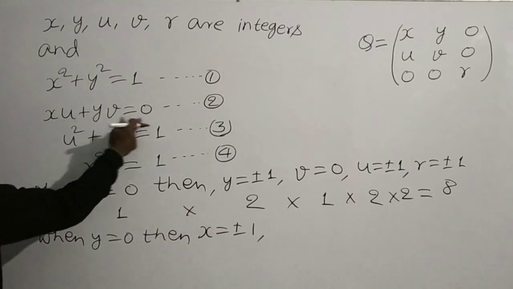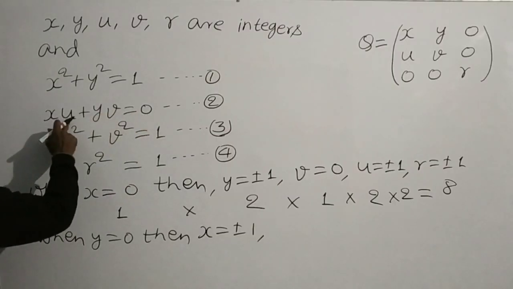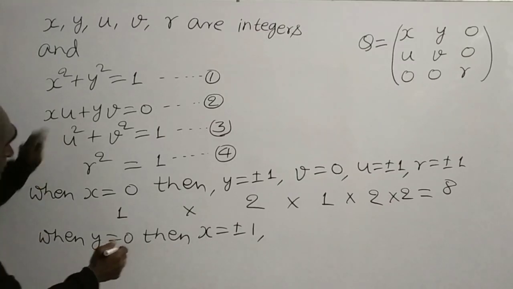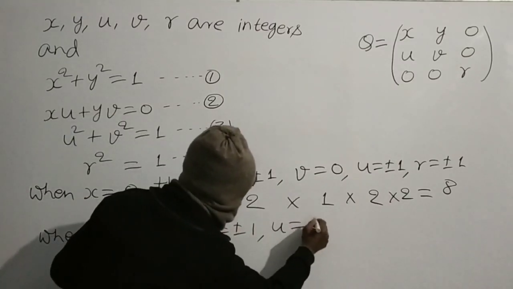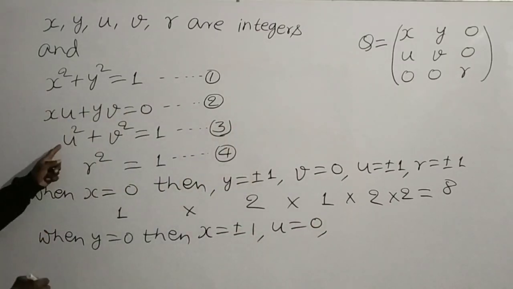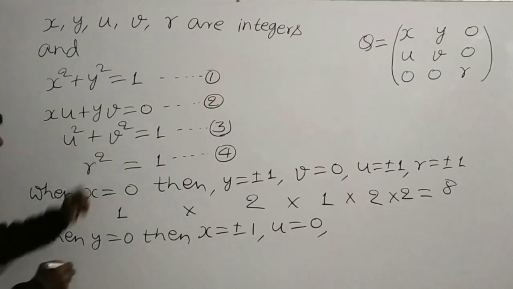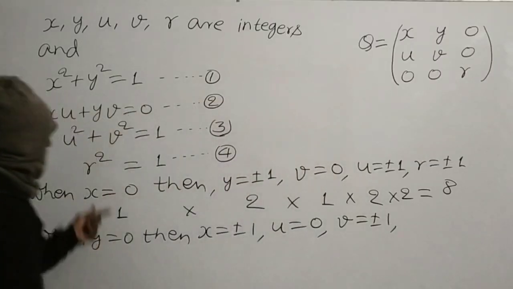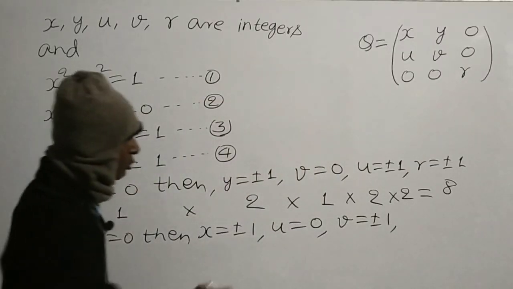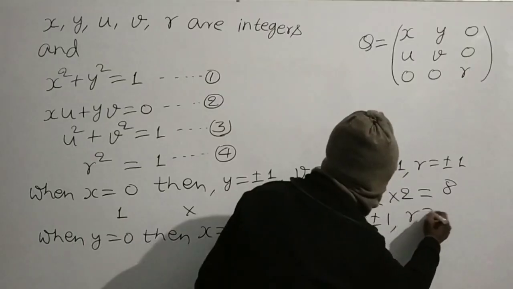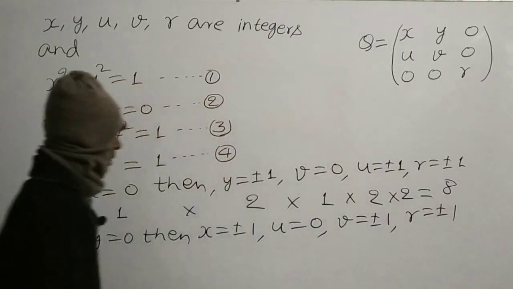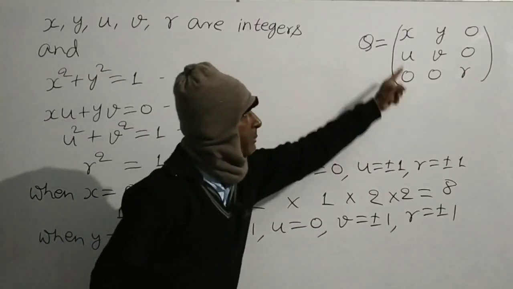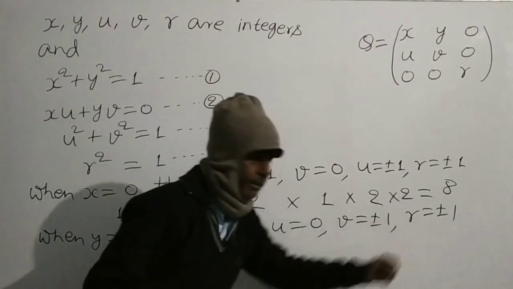Plus 1 times u is equal to 0 or minus u is equal to 0. In both cases, we get u is equal to 0. When we put 0 here, we get v is equal to plus minus 1. And r will always be equal to plus minus 1. When y is equal to 0, then also all the remaining places have been filled.